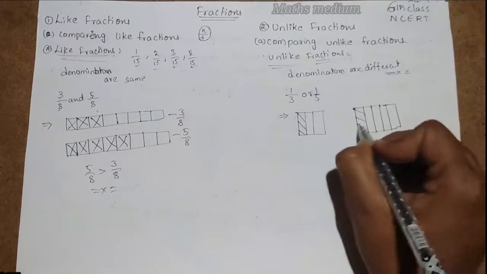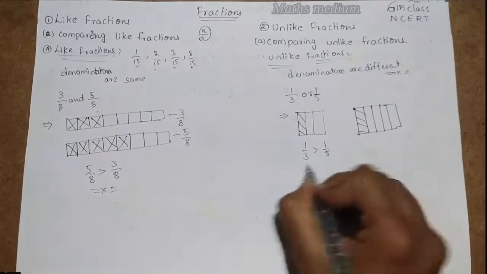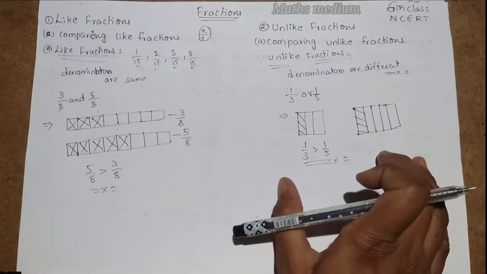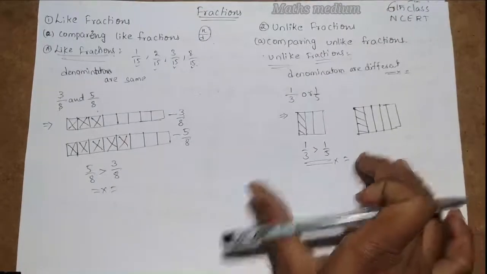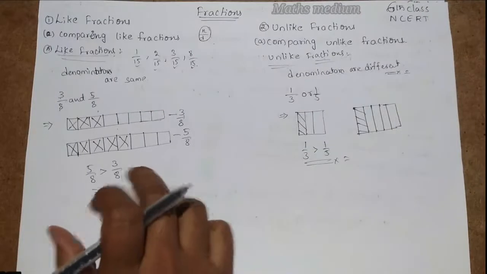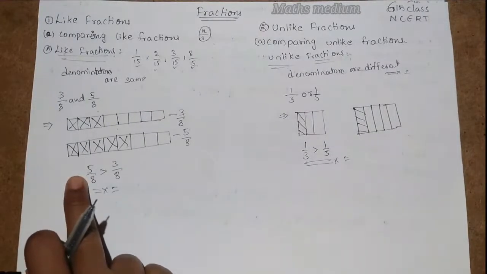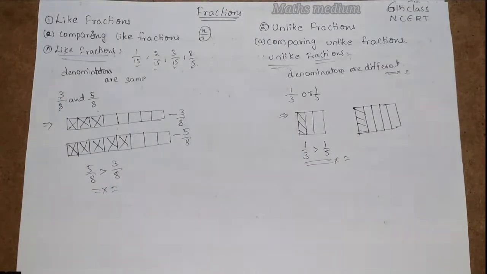So 1 by 3 is bigger than 1 by 5. With unlike fractions, it is somewhat difficult to tell which is the biggest fraction by comparing. But in like fractions we can easily get it by comparing numerators; the one with the bigger numerator is the bigger fraction. So this is about the comparison and definitions of like fractions and unlike fractions. I hope you understand this session.